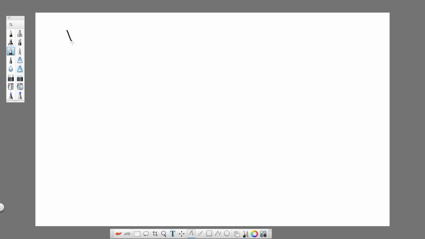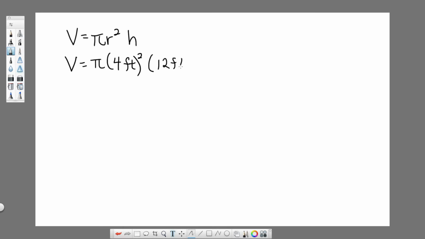Remember again that the formula is volume is pi r squared, which is the area of the circle, times the height. So in number 1, I have pi times 4 feet squared, and the height was 12 feet. So I'm going to do pi times, when I square 4, I get 16 square feet times 12 feet.